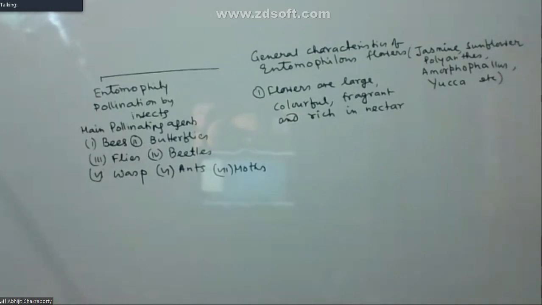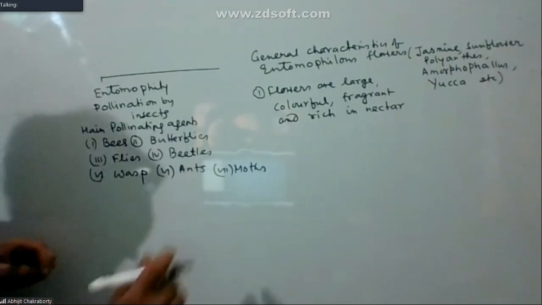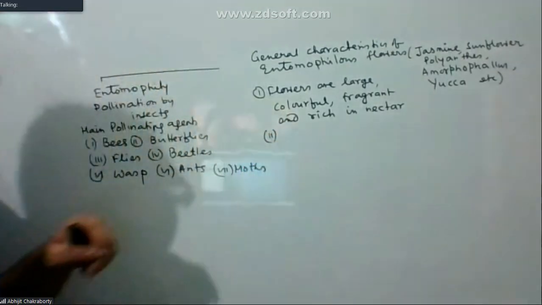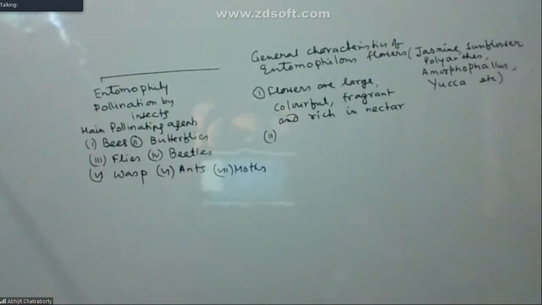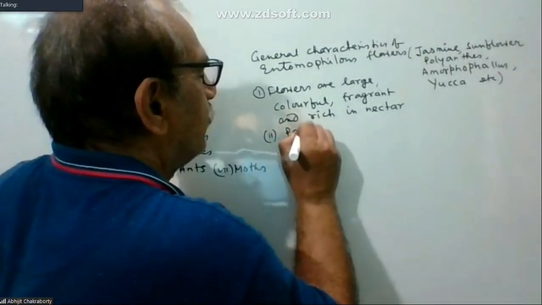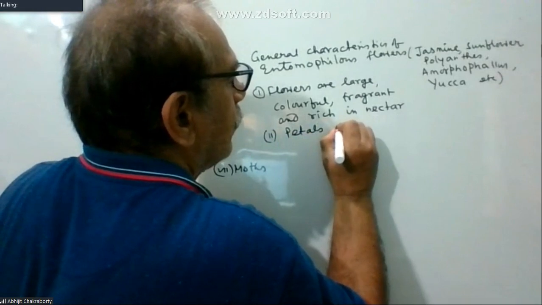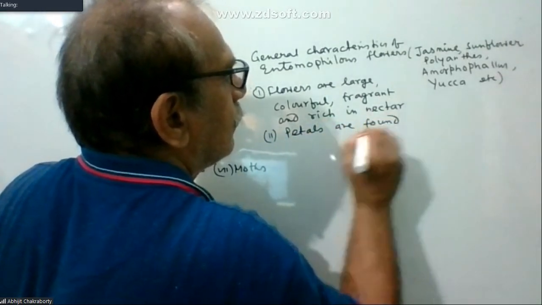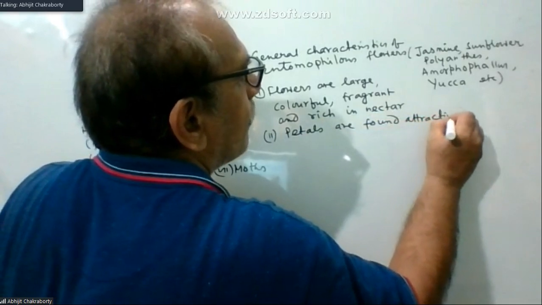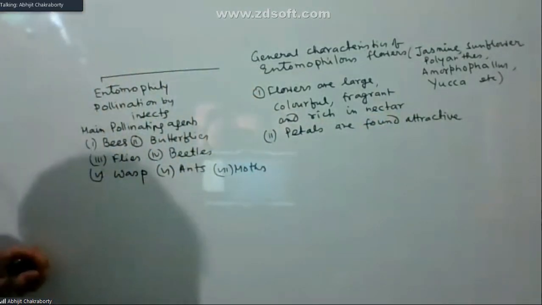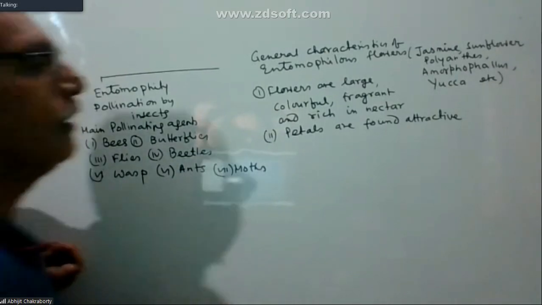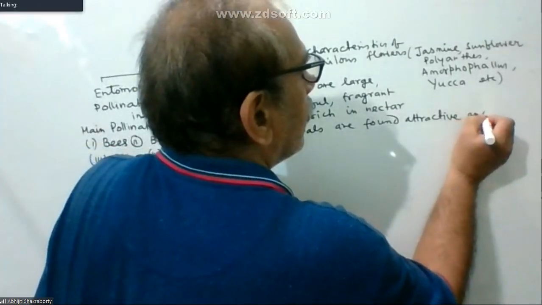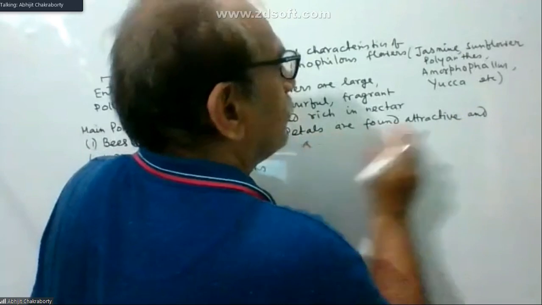Secondly, pollen grains are attractive for inviting insects.